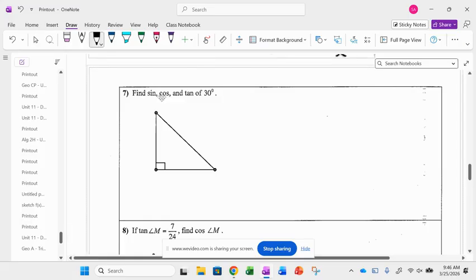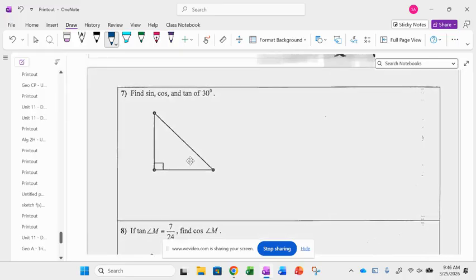Okay, it says find sine, cosine, and tangent of a 30-degree angle. So I need to go to my triangle and I need to label this 30-degree angle, which means it's what kind of triangle? If I have a 90 and a 30, the last angle has to be 60. Who remembers the 30, 60, 90 formula? Jack?